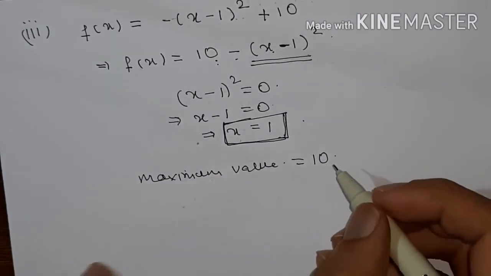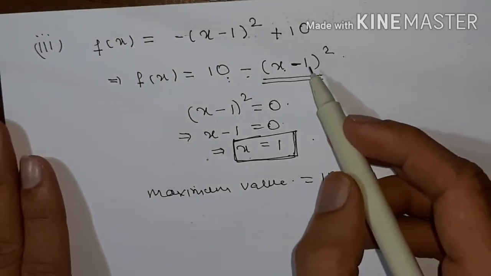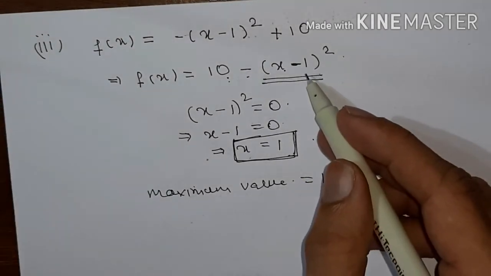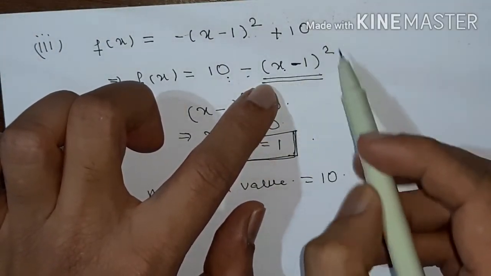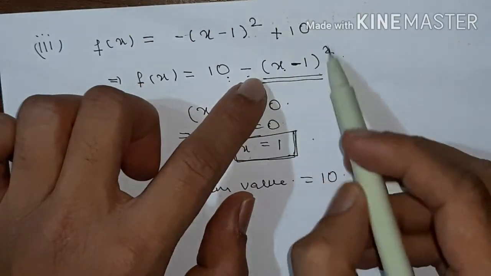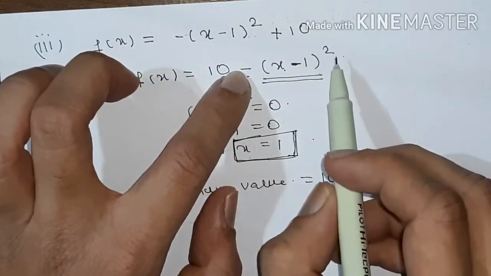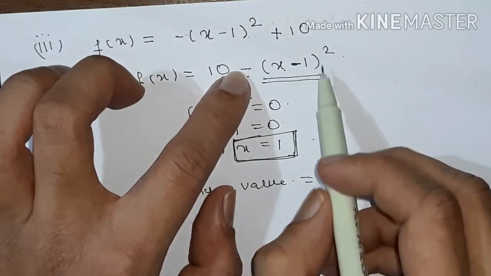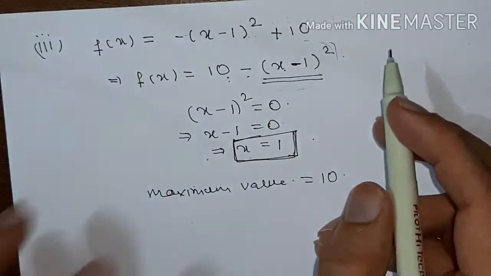10, right? And does it have a minimum value? This doesn't have a minimum value. Why? Because if this quantity increases, that means minus of that quantity will decrease. If this keeps on increasing, then minus of this will keep on decreasing.